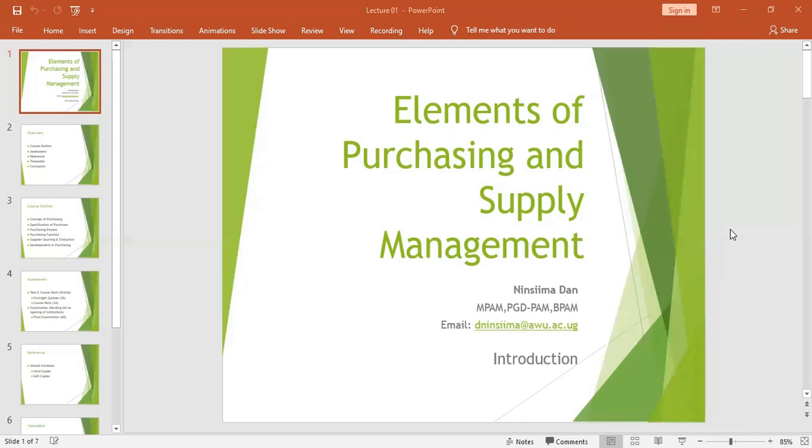Now, let us look at the importance of a clear specification. Why is a specification document that requests the supply of goods and services so important? Number one, it helps you consult with the end users of the proposed goods and services to be purchased and ensure that their requirements are incorporated into the specification.